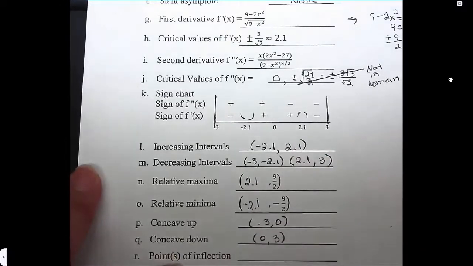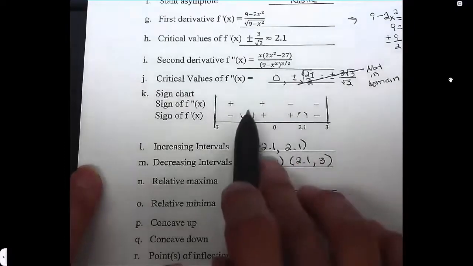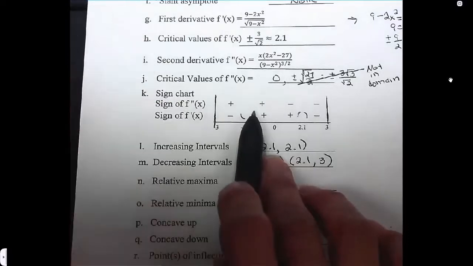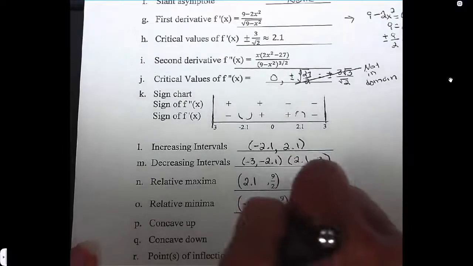And is there a point of inflection? At 0. What told you that? Because you go from being concave up to concave down. That's where the sign of the second derivative changed, or where the concavity changed, and that's the definition of inflection point. So the inflection point is (0, 0).